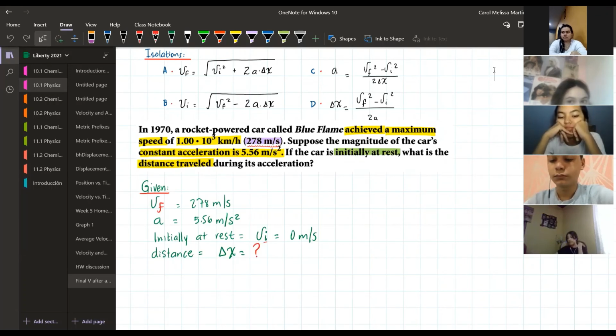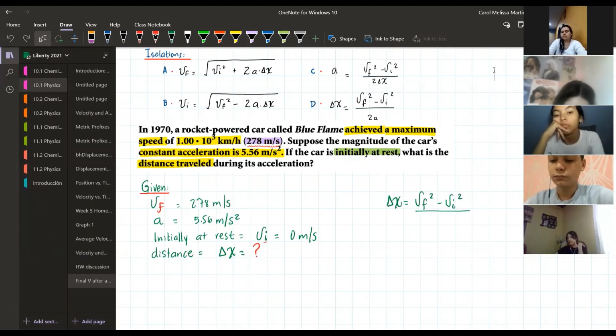Letter D. Okay. So delta X equals VF to the second power minus VI to the second power over 2A. My recommendation is that you please solve this part and then perform the division.